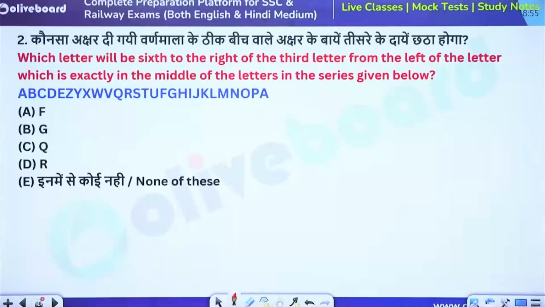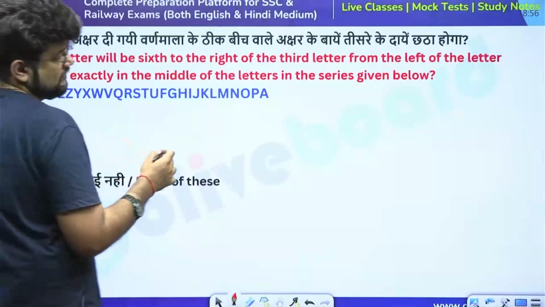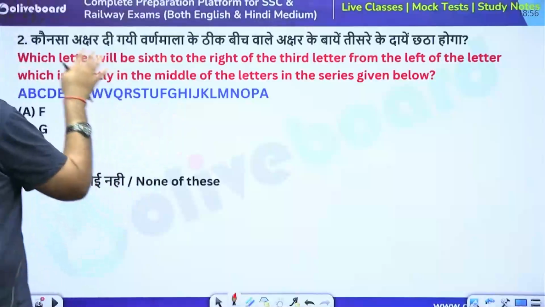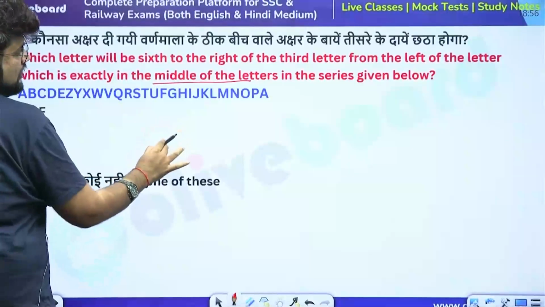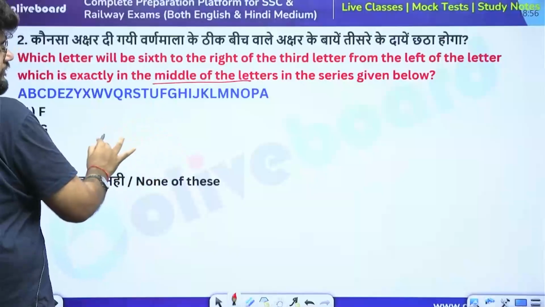See, in this series, it is asking you which letter will be 6th to the right of the 3rd letter from the left of the letter which is exactly in the middle of the letters. So, you find the middle letter. Now, from this letter, you need to go 3rd to the left.